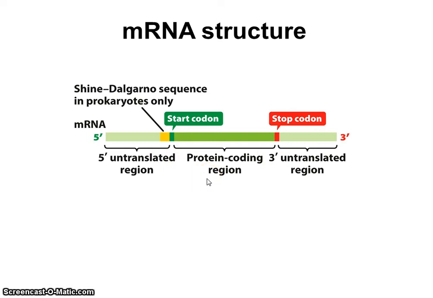This is our protein coding region, and it is demarcated by the start codon at the 5' end and the stop codon at the 3' end. In prokaryotes only, there is a short consensus sequence in front of the start codon called the Shine-Dalgarno sequence. That is all I'm going to say about it here. It is important for translation, which we'll talk about next time. But again, no introns in prokaryotic RNA, and this RNA can be translated directly.